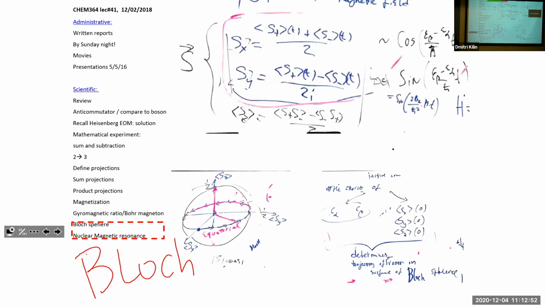And the frequency of this rotation will depend on the energy offset of eigenstates of spin up and down, which in nuclear magnetic resonance is controlled by the strength of the parallel magnetic field. If one looks at these three numbers, the z component will be constant. If one takes these three numbers parameterized by time, they will be a vector on a sphere.